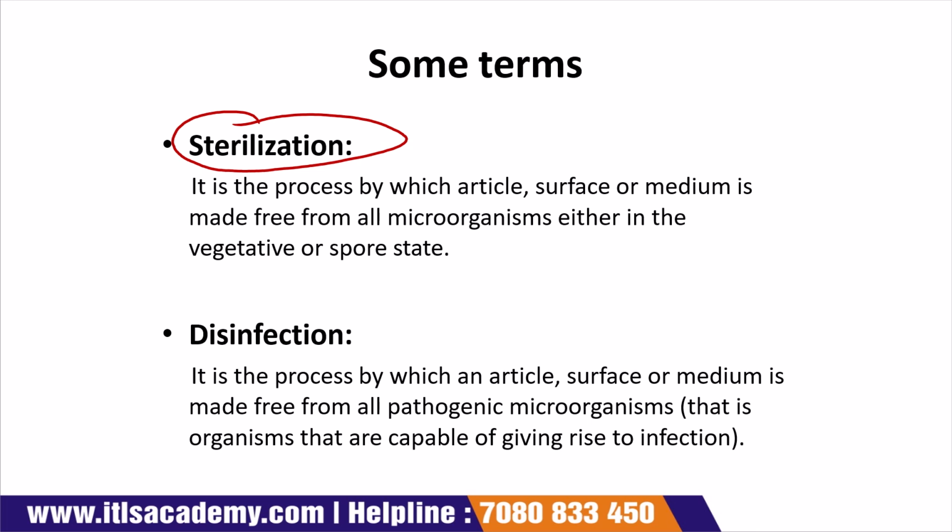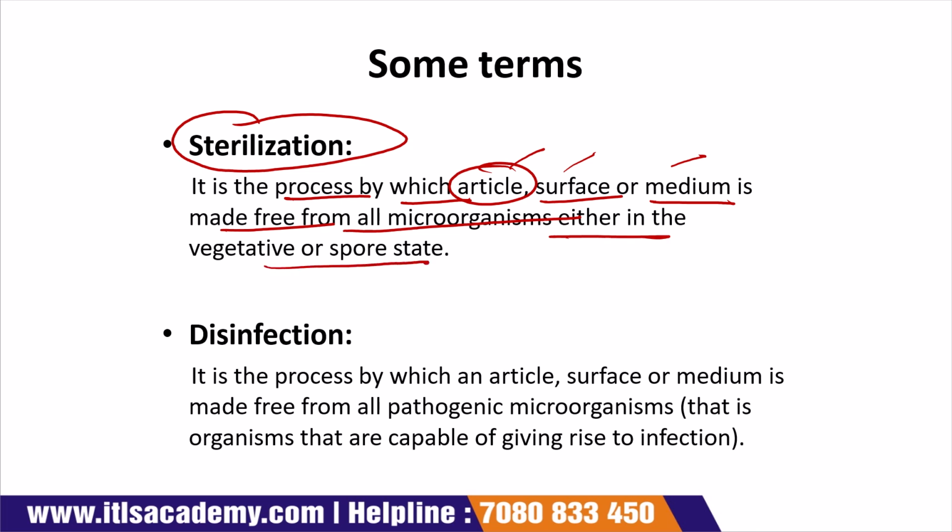All types of microorganisms, like spore type and vegetative cells, are killed when we perform sterilization. Sterilization is a process by which an article, surface or medium is made free from all microorganisms, either in the vegetative or spore state.